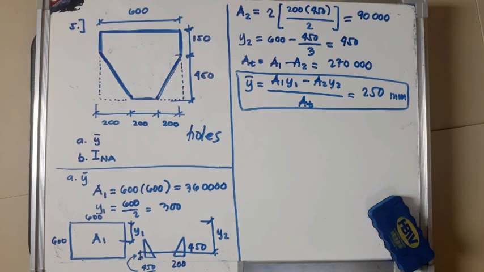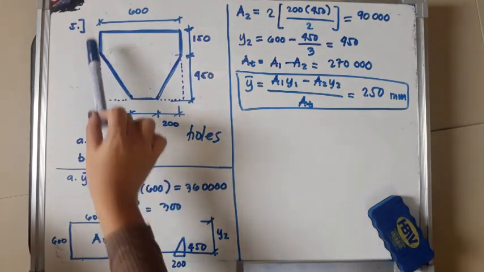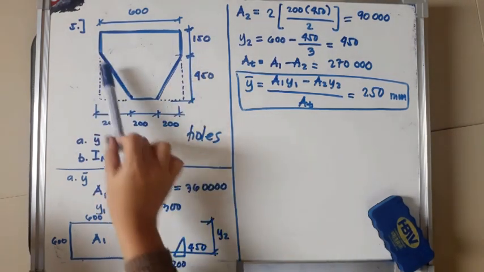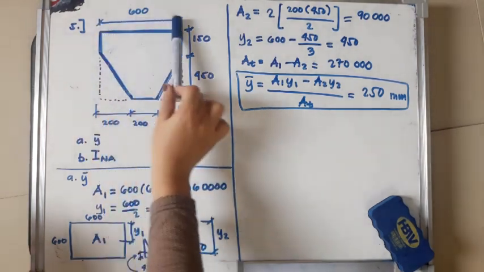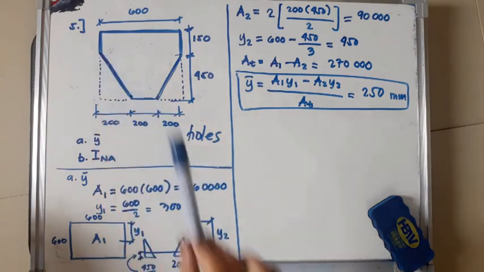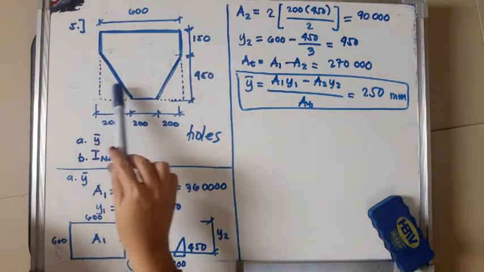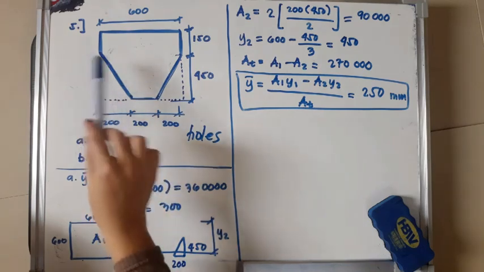So going from the top, what I did is that my area 1 is the whole rectangle. So just imagine this is a whole rectangle. So the dimension is 600 by 600. And my area 2 is the combination of the holes, the triangular holes.